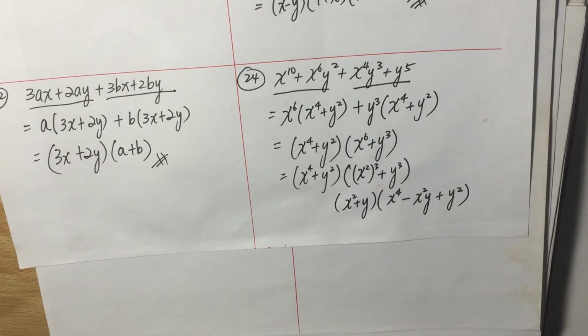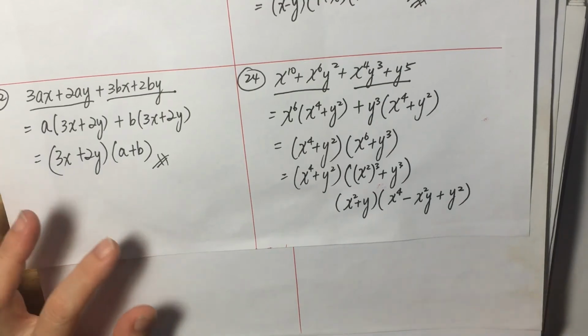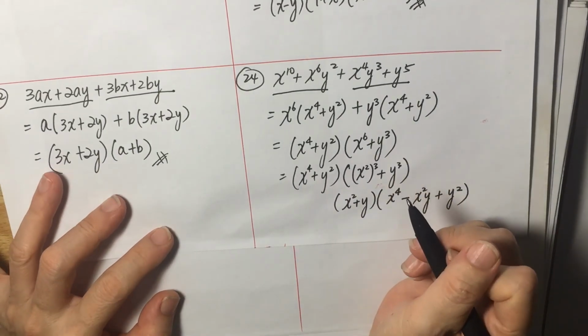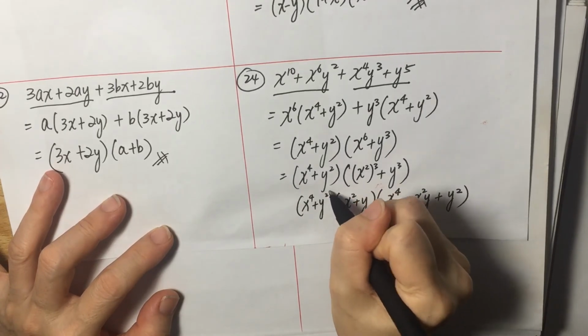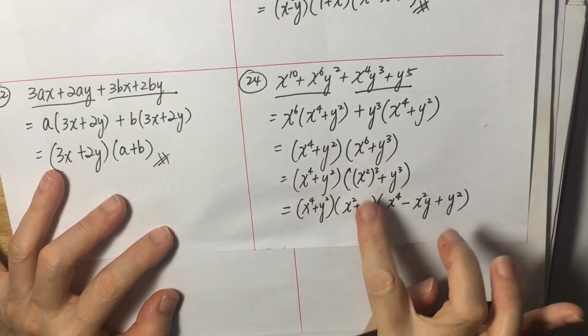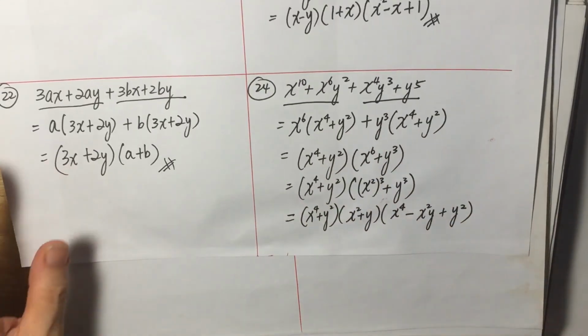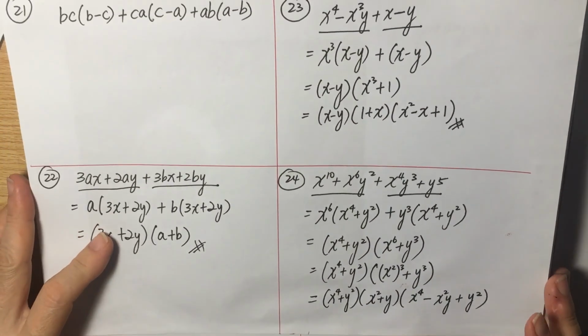So you have x^4 minus x squared y plus y squared, and this is the same, so you bring it down, so this one factorized to be these 2. Question 24.